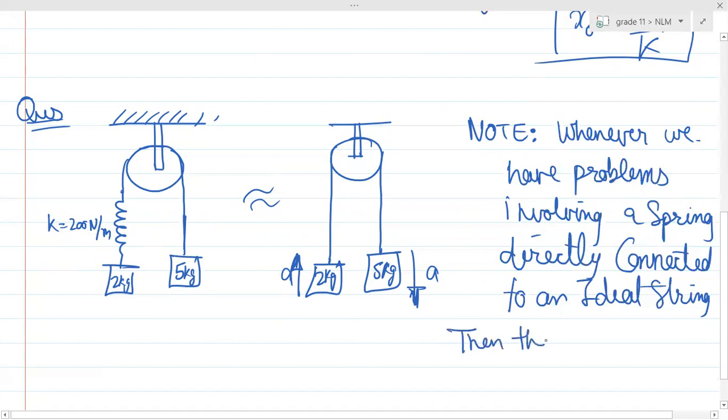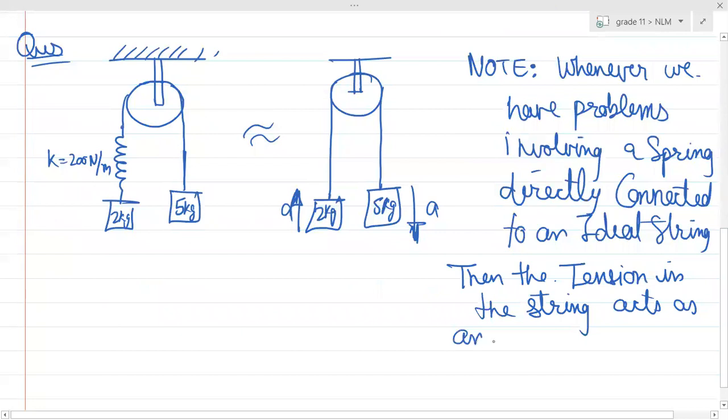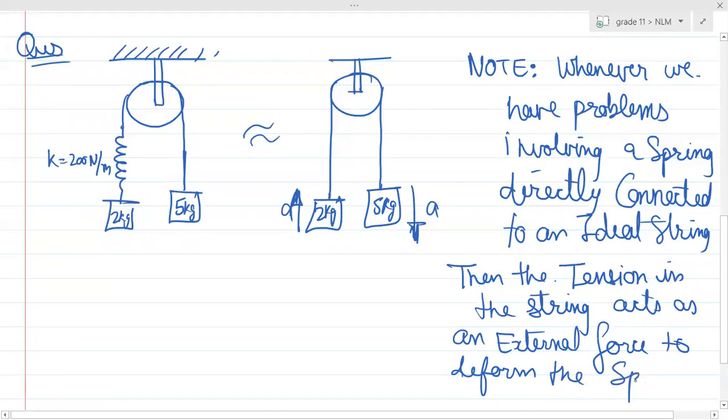Then the tension in the string acts as an external force to deform the spring. Yes or no?